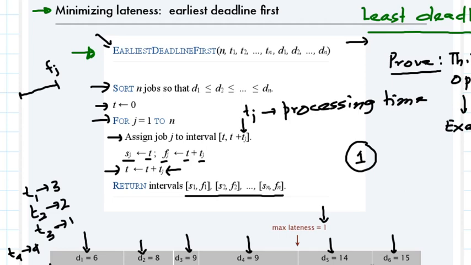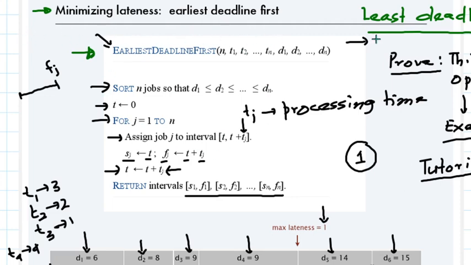If at some point of time I take a tutorial class, then I can get back to this. But if not, you should study on your own how to prove that this deadline first algorithm leads to the optimal solution. So this is for this scheduling problem.